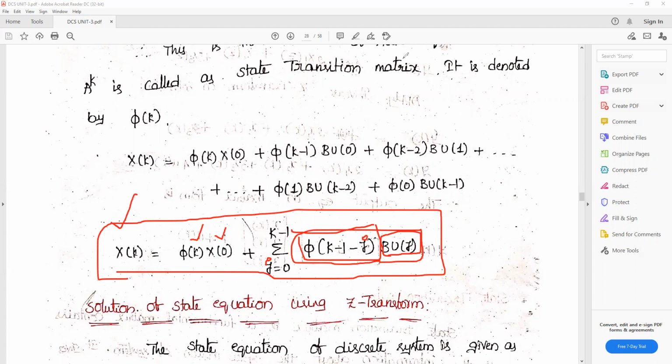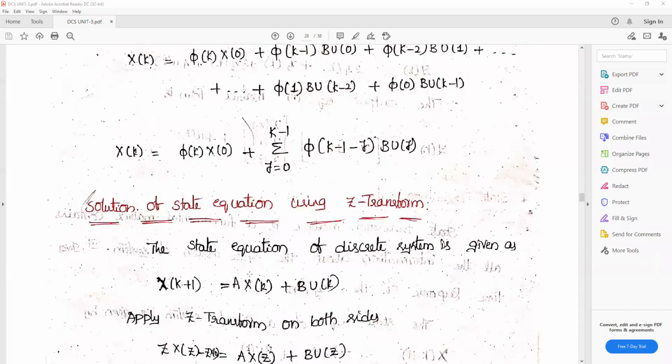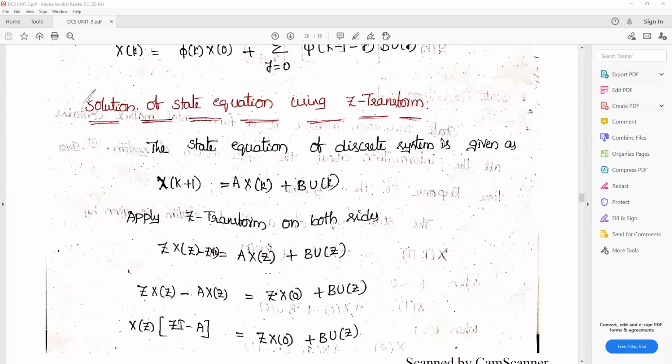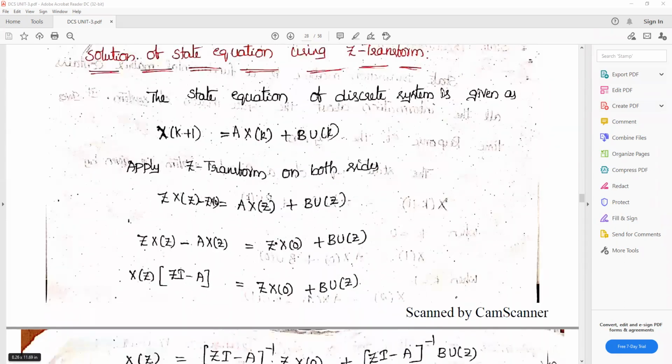The solution for the state equation using Z transform. The state equation of the discrete system is given as x of k plus 1 is equal to A into x of k plus B into u of k. Apply Z transform on both sides.